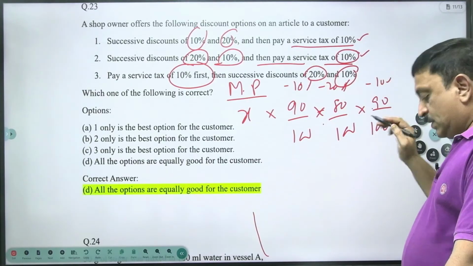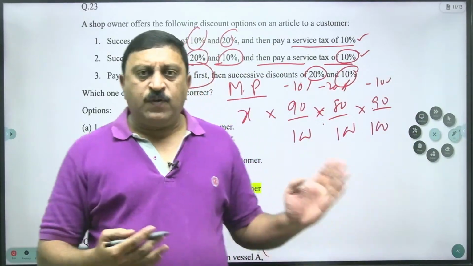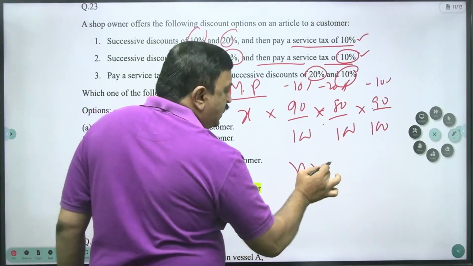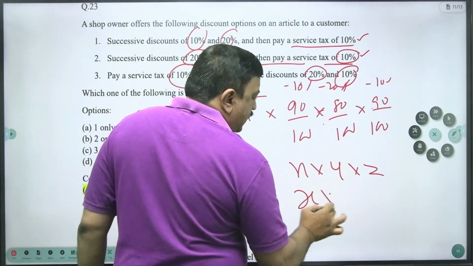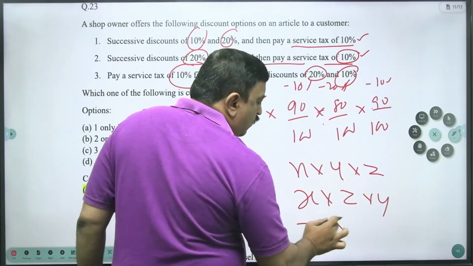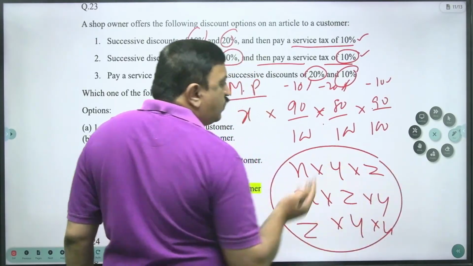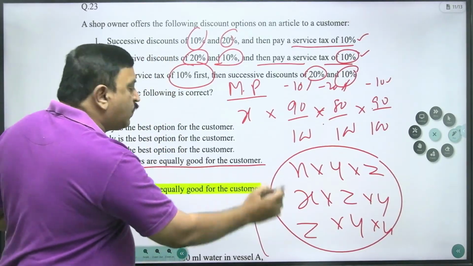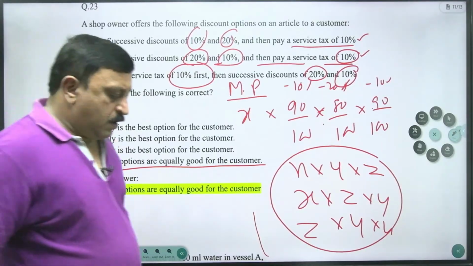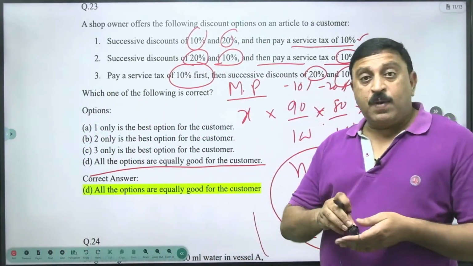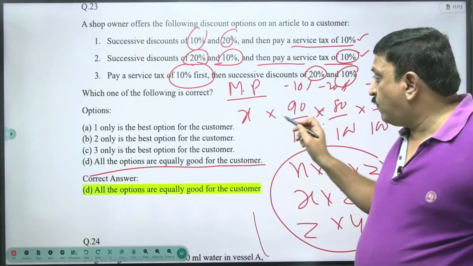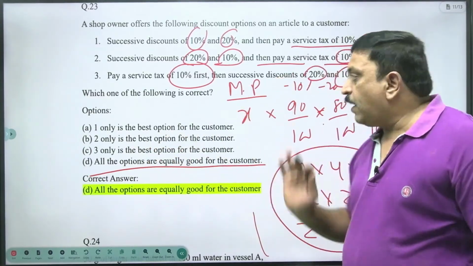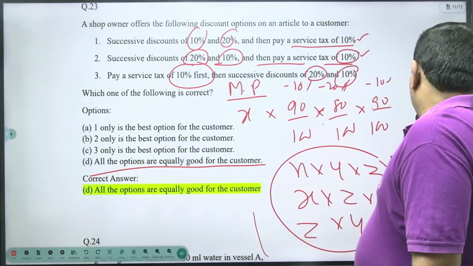What matters is whether you change the fraction order: x into y into z is the same as x into z into y or z into y into x. Everything is the same. So no need to worry about that. Directly, just by seeing that, you can say all of the options are equally good for the customer. This is what you have to keep in mind. When you learn about compounding of fractions, it will be easy for you. If you learn the shortcuts, you'll stick to the calculation part only.